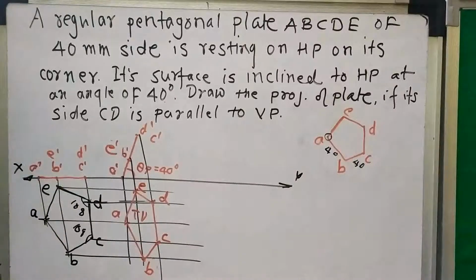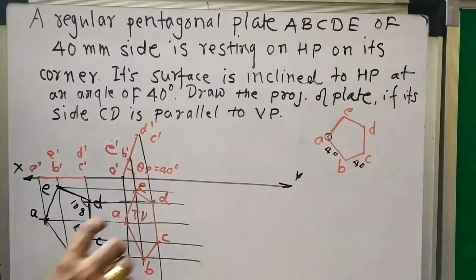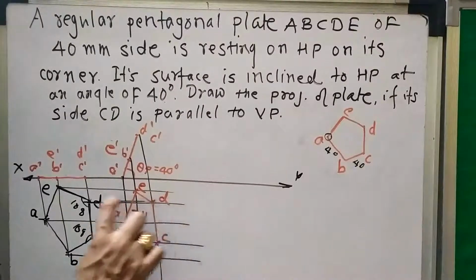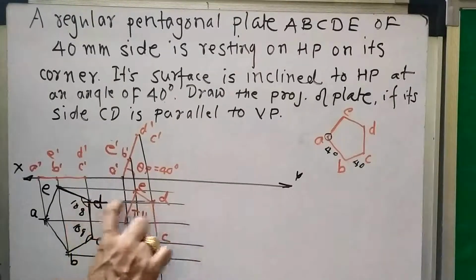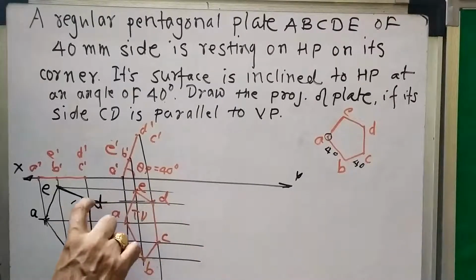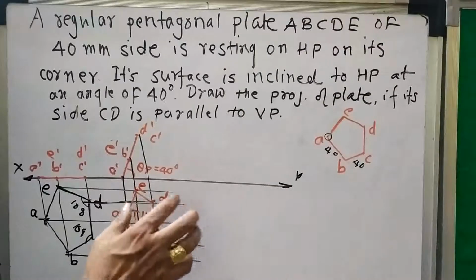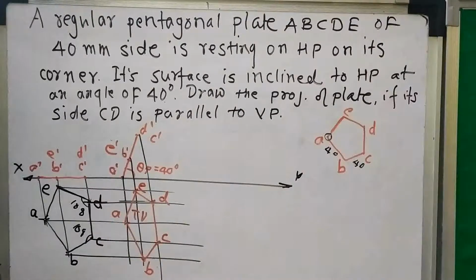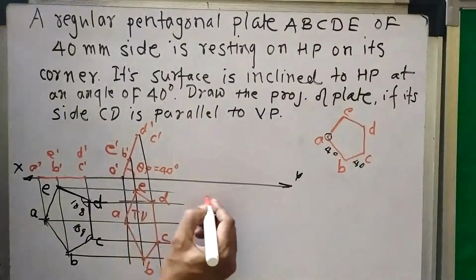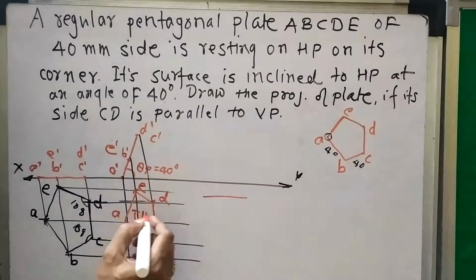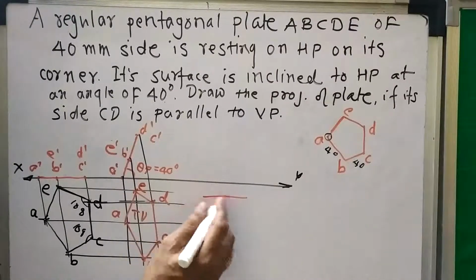Now the second condition is what? Second condition, this CD and this CD are equal because it is parallel to HP. So this CD is parallel to VP, means parallel to XY. So I have to take this CD parallel to XY, and then I have to reconstruct this.